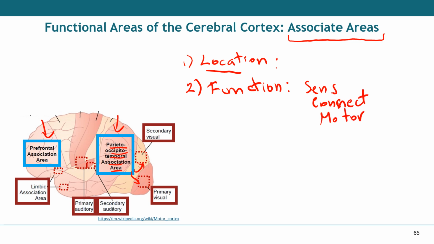In other words, all this information that goes from multiple regions of the cortex of the brain, they are able to receive it and connect it to produce a response.